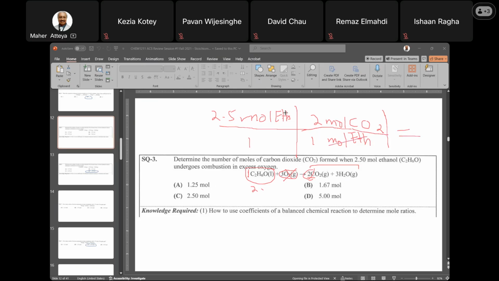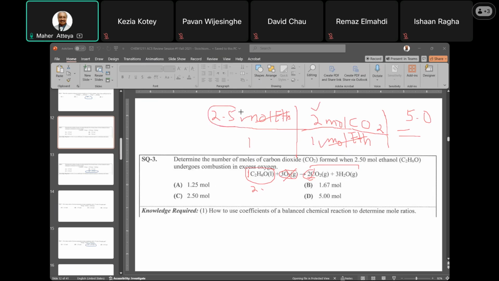Mole ethanol cancels out with mole ethanol. So 2.5 multiplied by 2, how much is that? The answer is 5.0. Those are absolute value ratios, they're not part of the sig figs consideration.